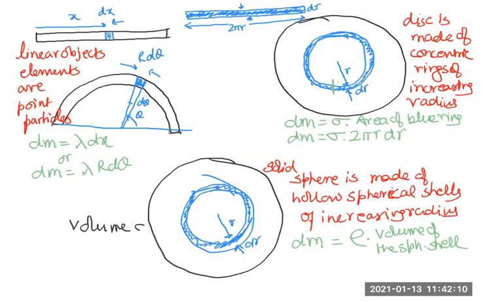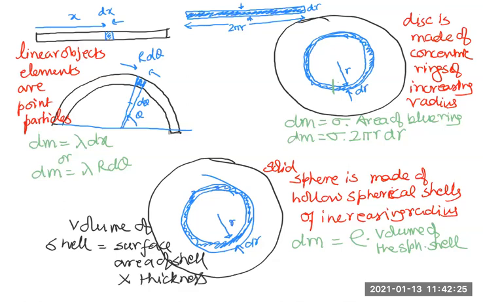The volume of the shell is nothing but the surface area of the shell multiplied by the thickness of the shell. After all, you find volume as area multiplied by thickness: L into B into H, where L into B is the area and H is the thickness.